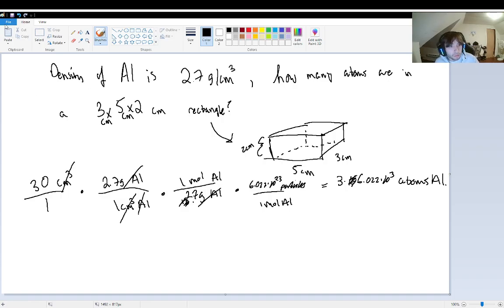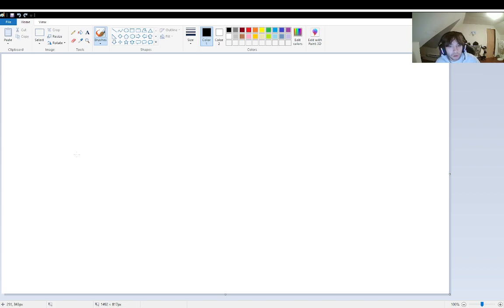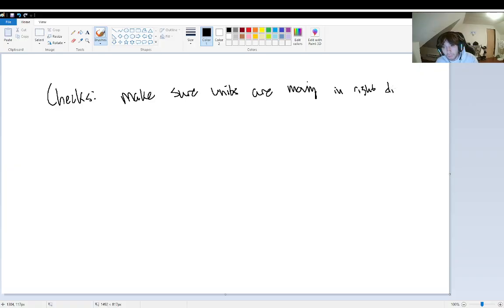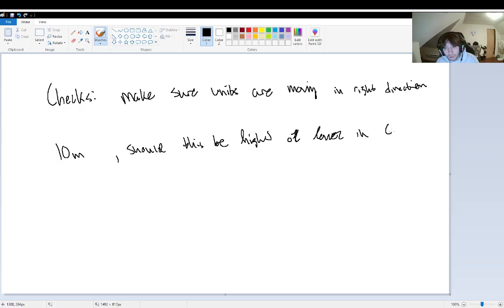So I guess I'll finish it up with some checks. Make sure units are moving in the right direction. What I mean by that is, if I have 10 meters, should this be more in centimeters?